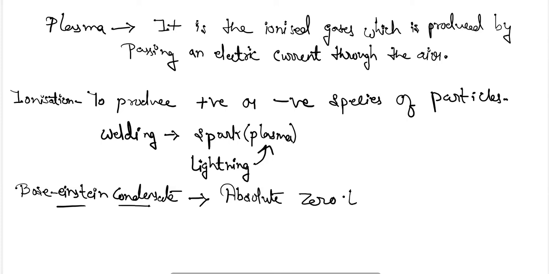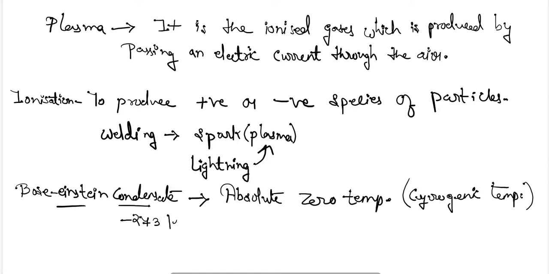These temperatures are also termed as cryogenic temperatures. Cryogenic temperature means a very low temperature range, about minus 273 degrees Celsius, which is equal to 0 Kelvin.